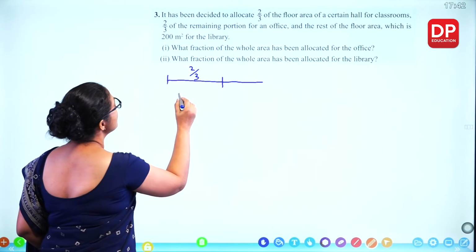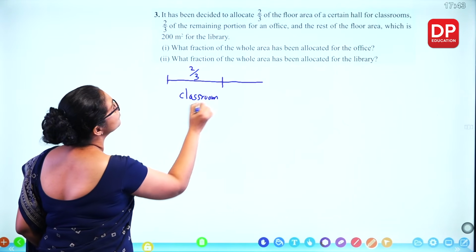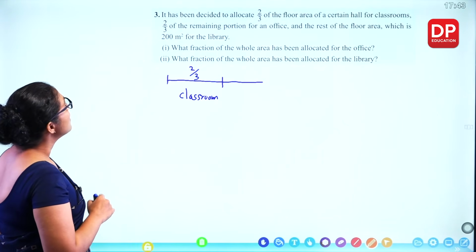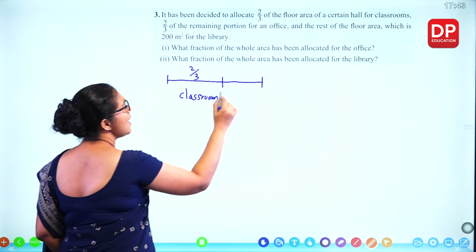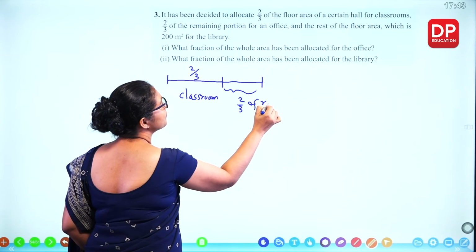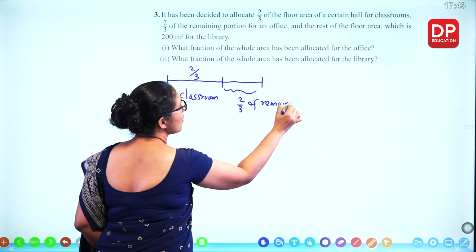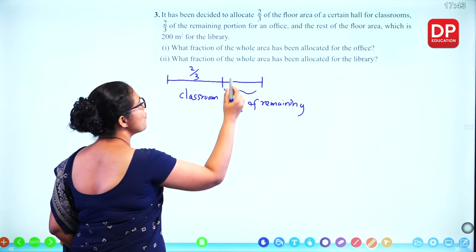So here this is for the classroom. 2/3 of the remaining portion. So the remaining portion is there. 2/3 of the remaining portion for an office.